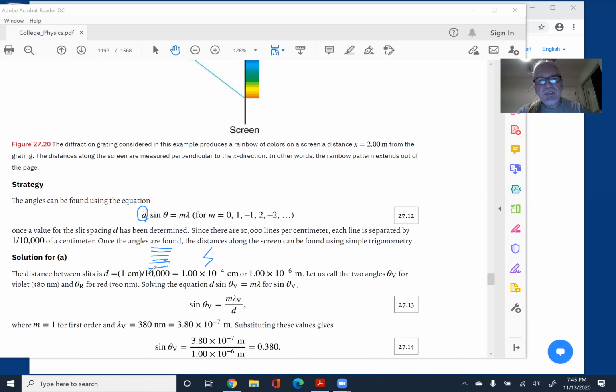So if you have, say, 10,000 lines per centimeter, the separation between two consecutive lines is the inverse of that, or 1 centimeter divided by 10,000, which is 10 to the minus 4 centimeters, or 10 to the minus 6 meters. So you often have to do this conversion from the way the data is presented to you to the way the data can be actually put into the equation.